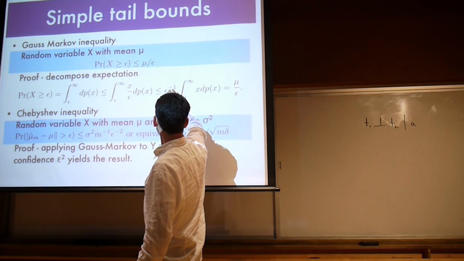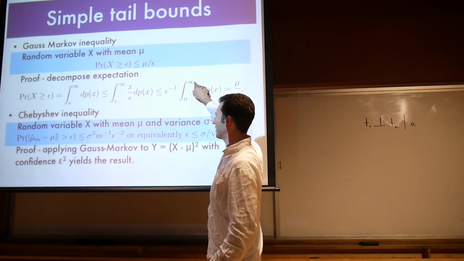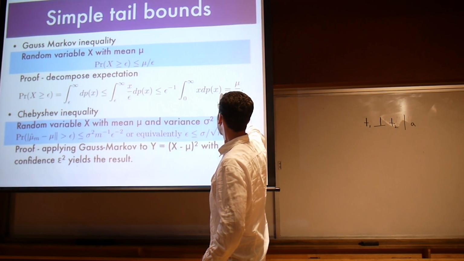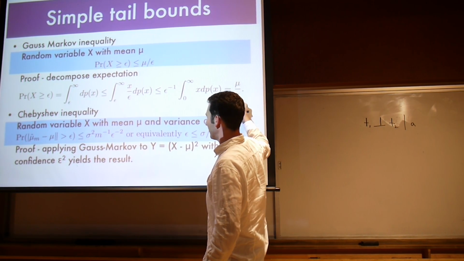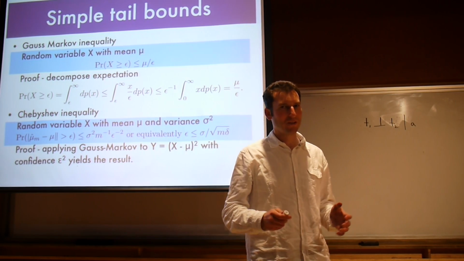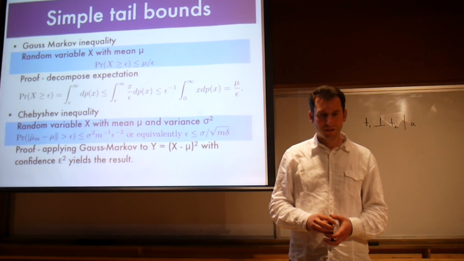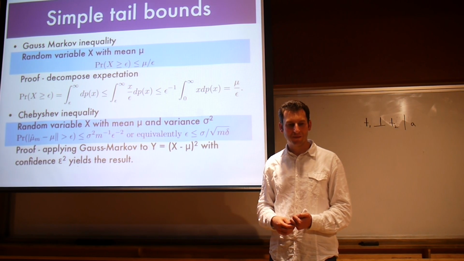Now, this is of course less or equal than the integral from 0 to infinity of x dP of x. But that's exactly the mean. Okay. That's the simplest inequality that you can get. But it actually can be used to then generate stronger ones.